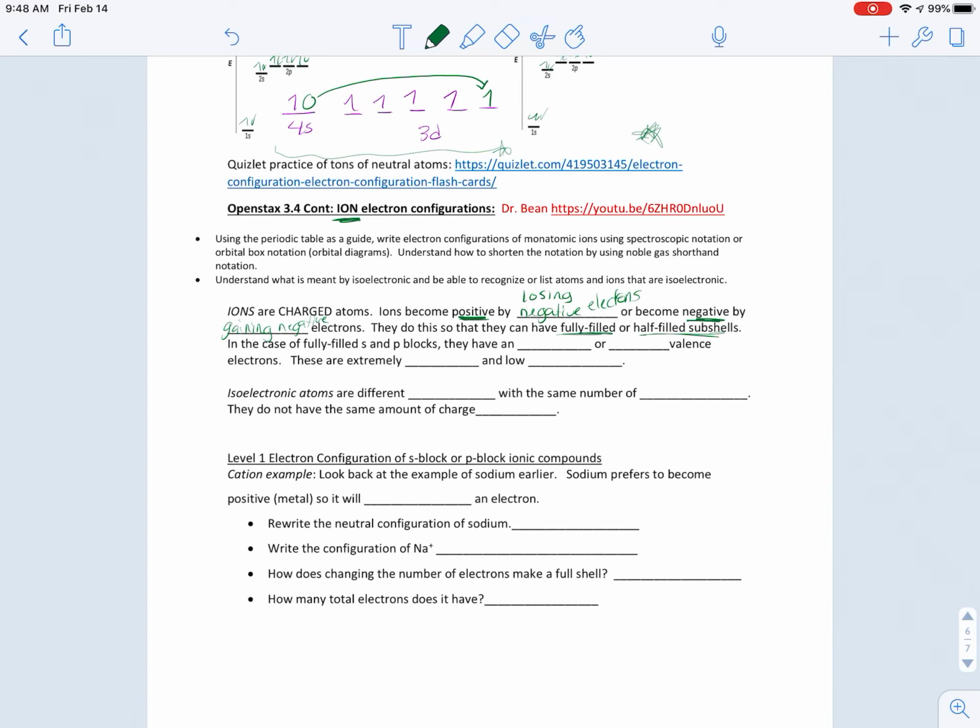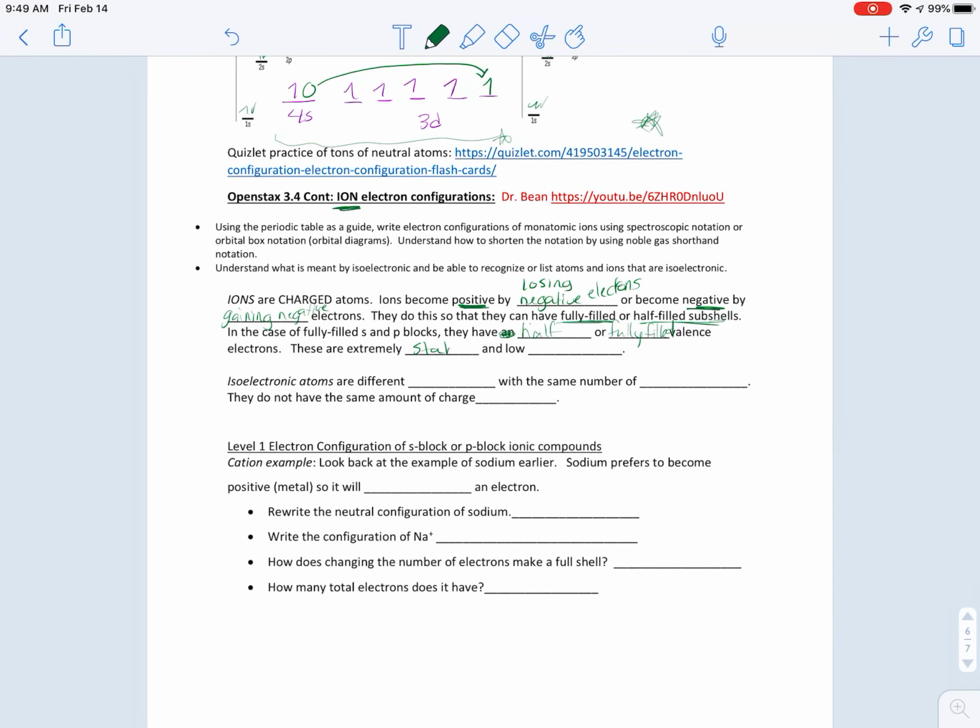In the case of fully filled S or P blocks, they can have half or fully filled valence electrons.